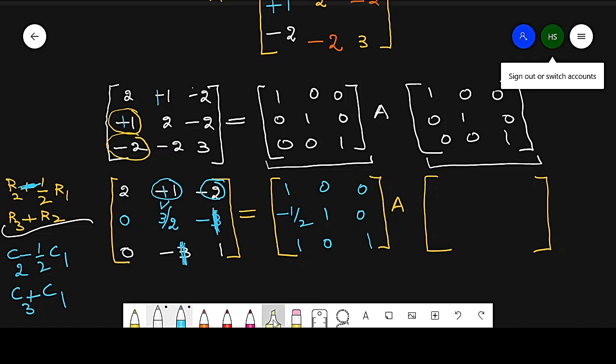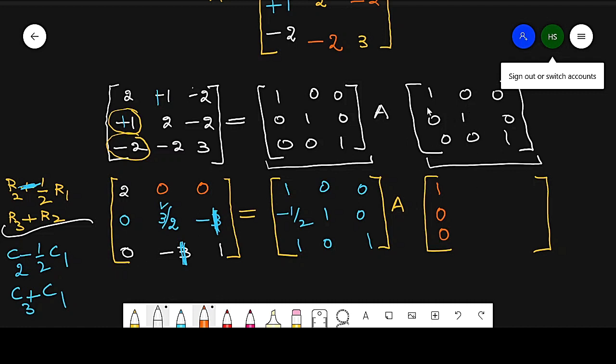So first I make this term 0 by the column operation. Now the first column is written as 1, 0, 0. And what is the second column? It will be operated as C2 minus 1 by 2 C1.